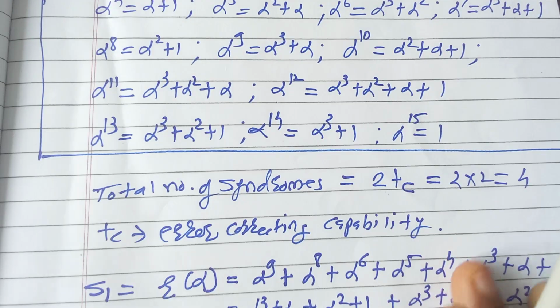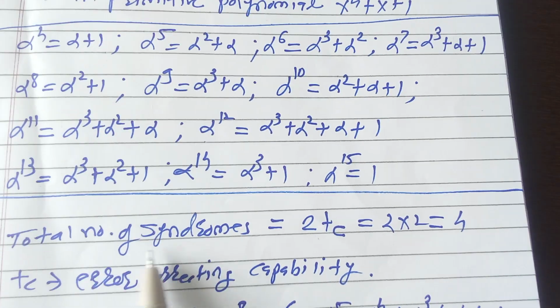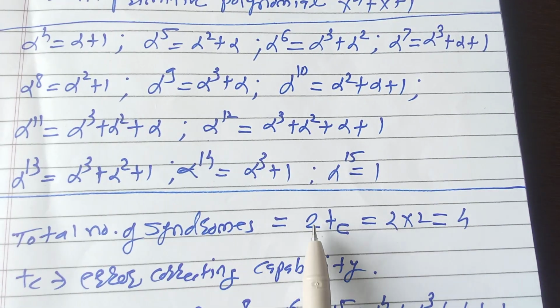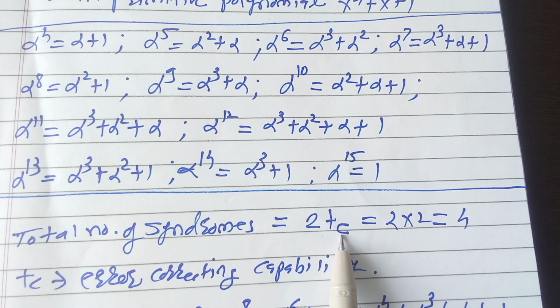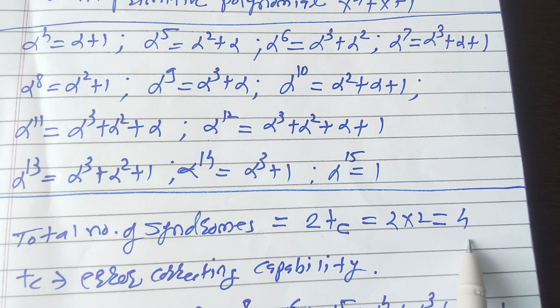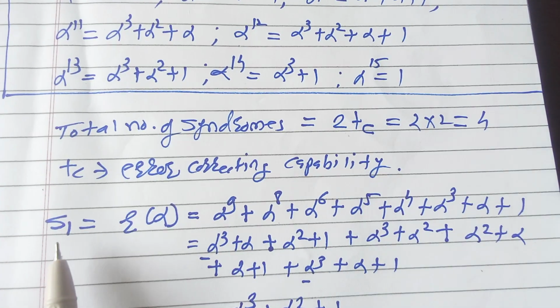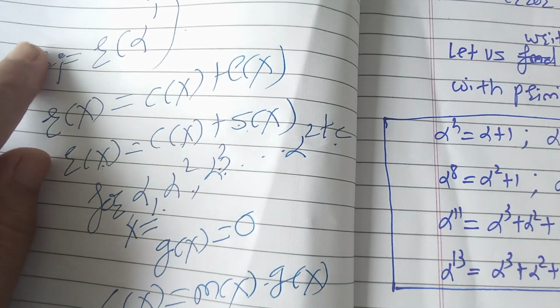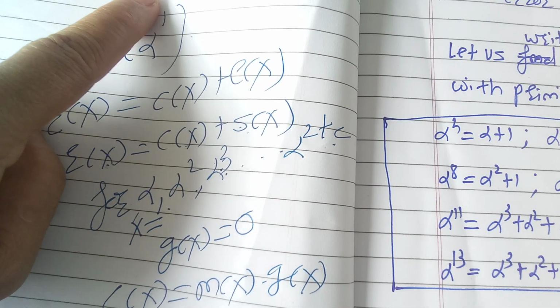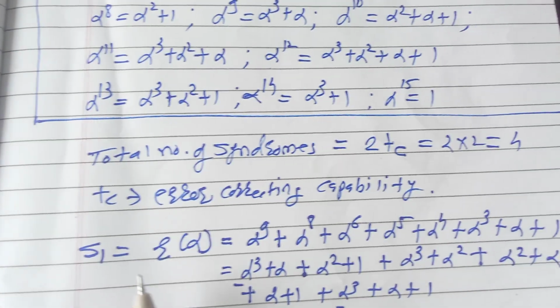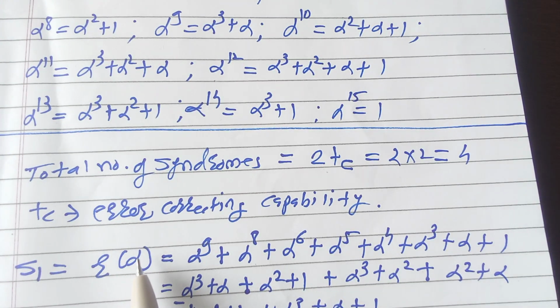So how many syndromes are there? The number of syndromes is 2tc, where tc is the error correcting capability. It is double error correcting, so 2 into 2, that is 4. So let us find the first syndrome, S1, that is S1 is equal to R(alpha raised to 1), so R(alpha).